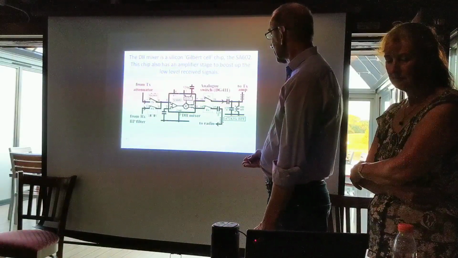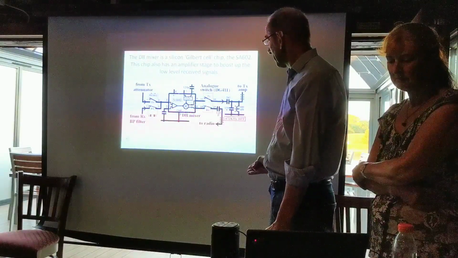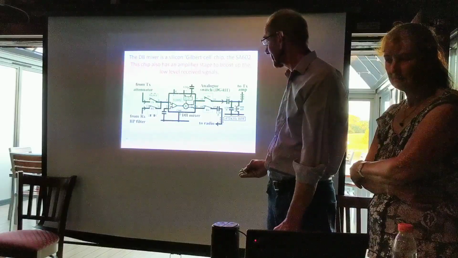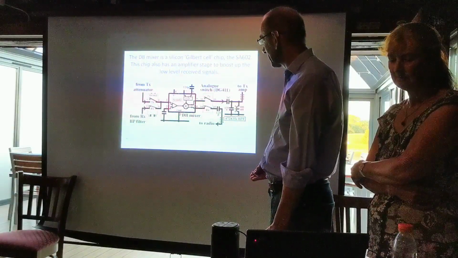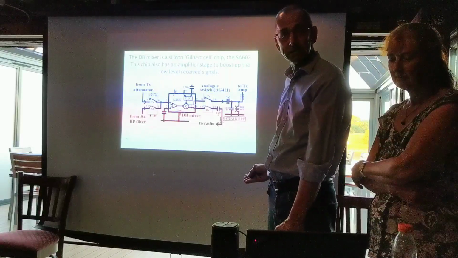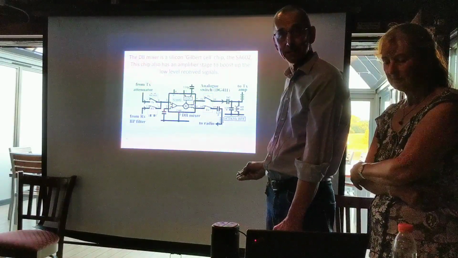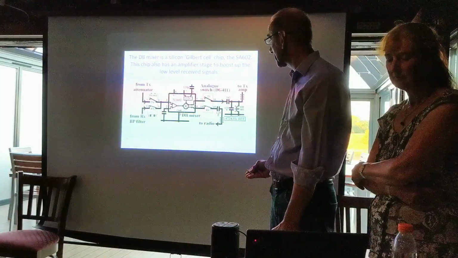The double balanced mixer is a Gilbert cell chip, like we mentioned earlier. This one's made by Plessey. It's an SA602, much loved in communications equipment over the years. It's got this front-end amplifier, which is really good because that means you get a very sensitive receiver that will give you nice output on very small signals that you might find on 472.